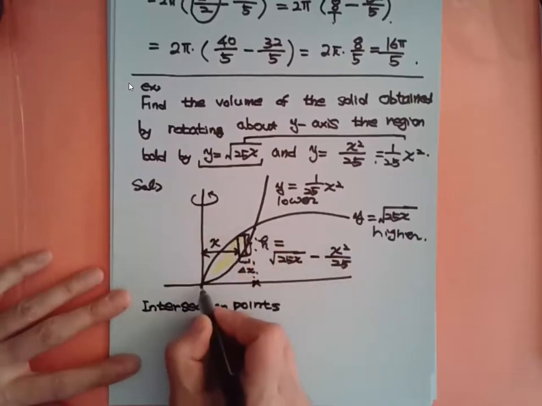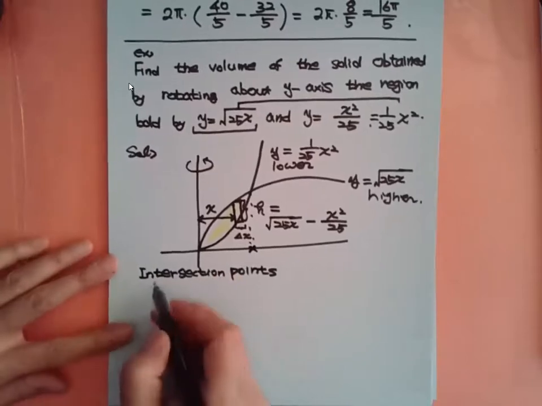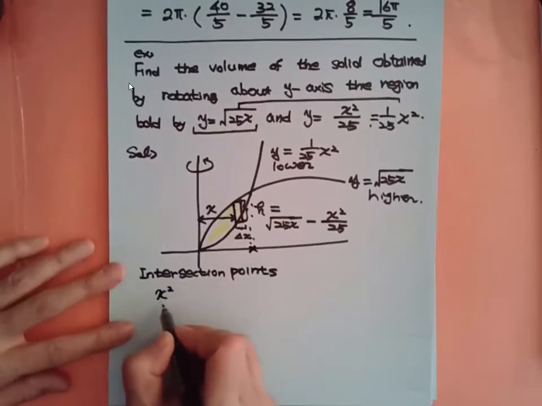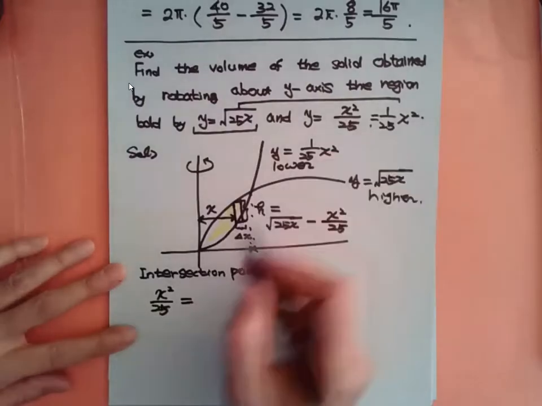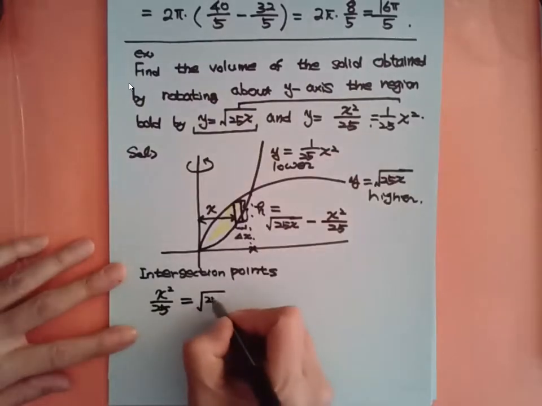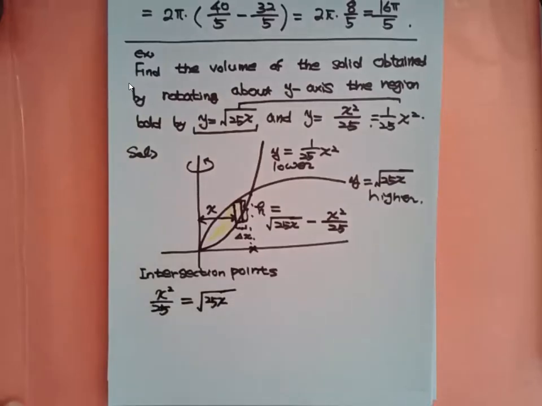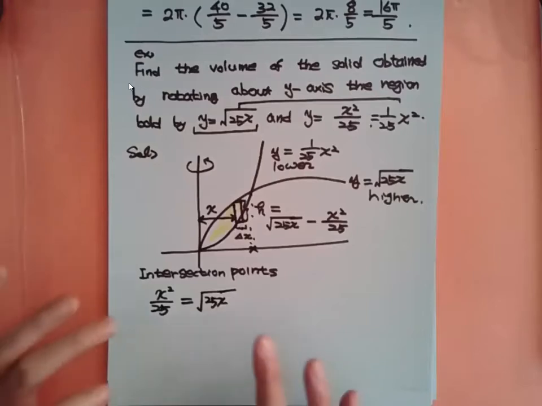This is apparently 0, right? So we put the equation x squared over 25 equals square root of 25x. We want to eliminate the square root, so we will square on both sides.